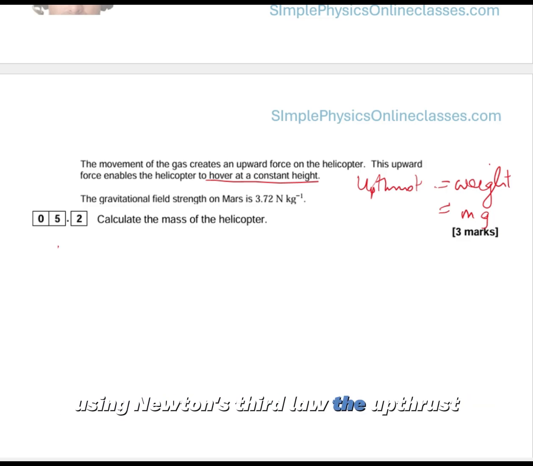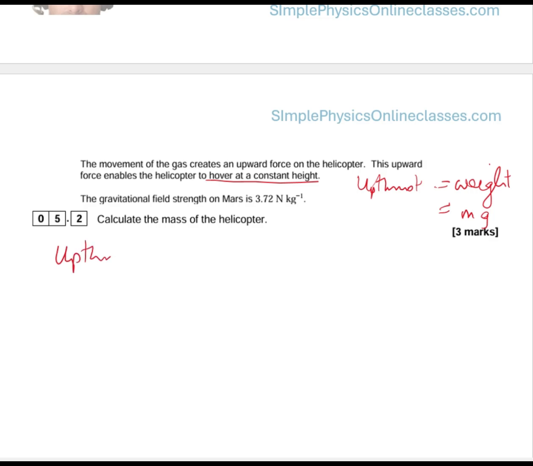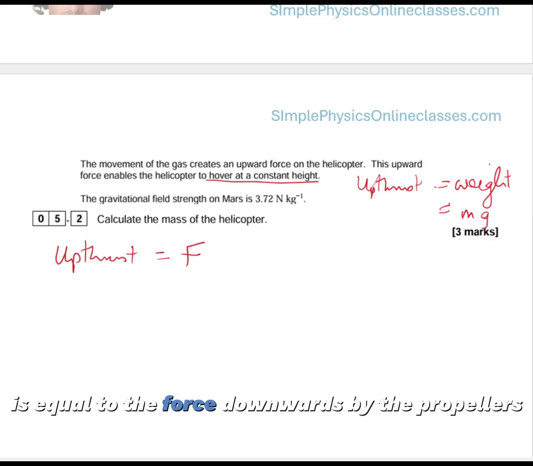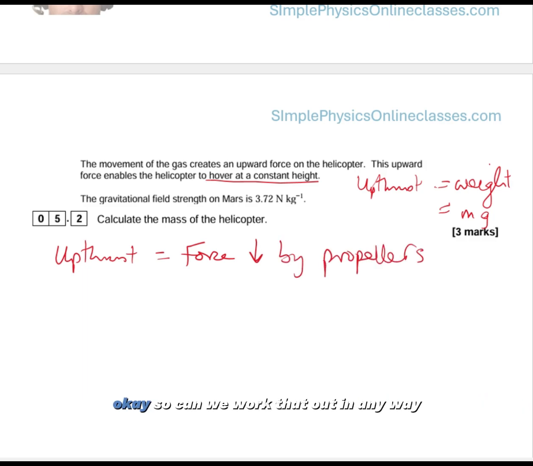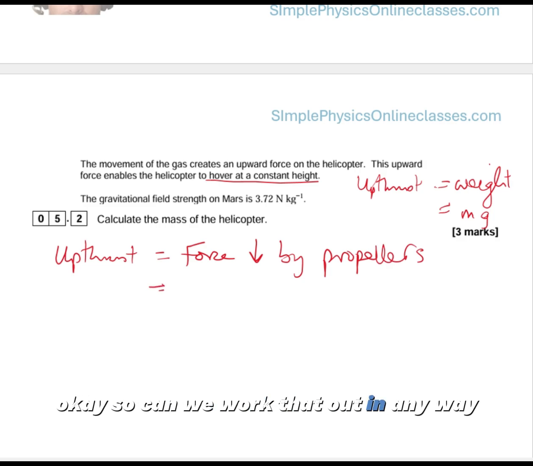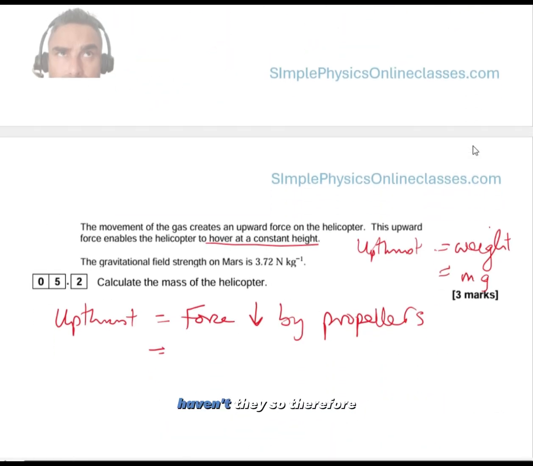Use Newton's third law. The upthrust is equal to the force downwards by the propellers. Can we work that out in any way? Well, we just worked out the mass. They've asked you that for a reason, haven't they?